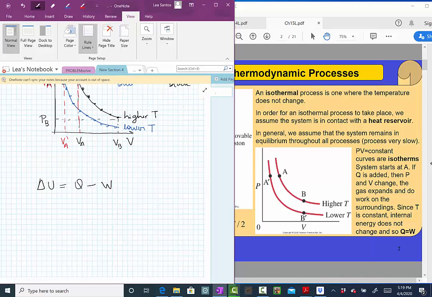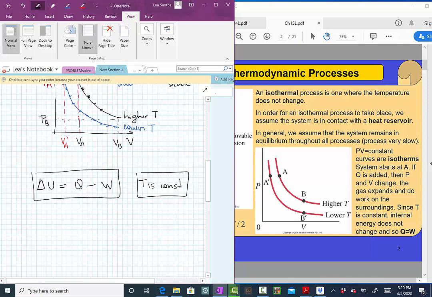But for this specific thermodynamic process, the temperature is constant. If the temperature is constant, there is something in our equation for the first law that is not changing. What is not changing? Delta U. Remember that delta U is associated with the change in temperature. Delta U is 3/2 nR delta T. If the temperature is constant, this is 0.